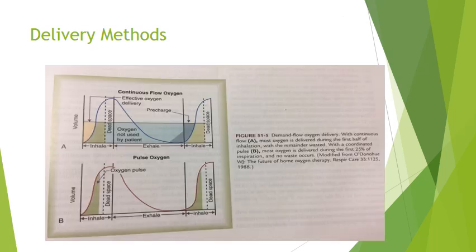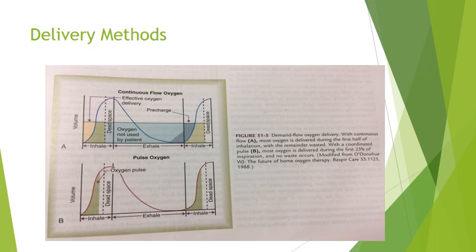You can see from the diagram, the top one, A, is the continuous flow oxygen, and there's a little waveform to tell you the dead space and inspiration versus exhalation. Then B deals with the pulse dose oxygen, and you can see there's not as much waste. You can also see their inspiration versus the expiration.